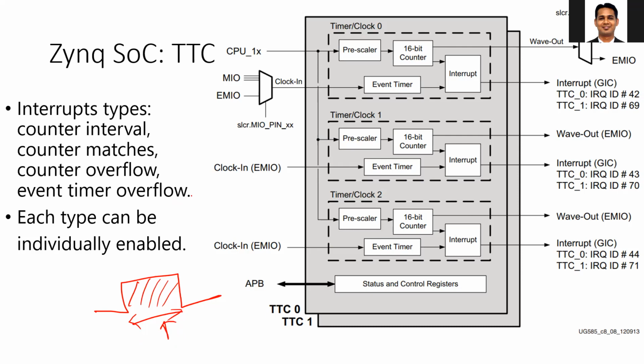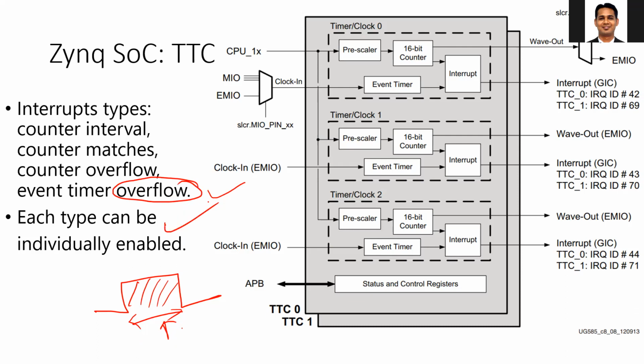So by knowing the status of this event timer overflow interrupt, you will know that during this particular event the timer overflow interrupt has happened, so whatever the event timer is giving may not be a correct value. So that event timer overflow will be useful.